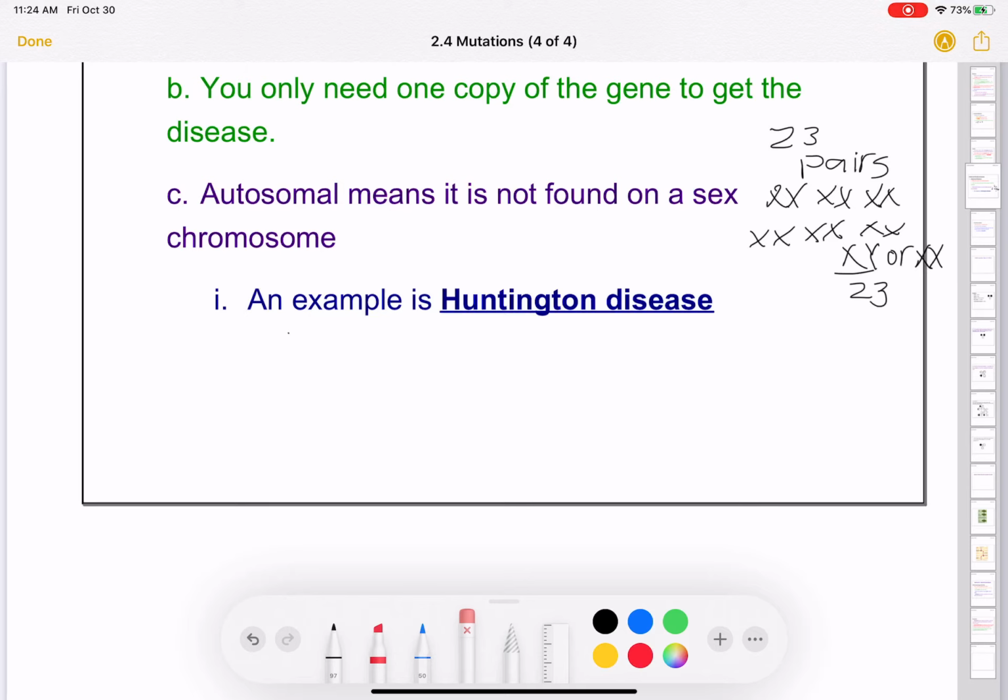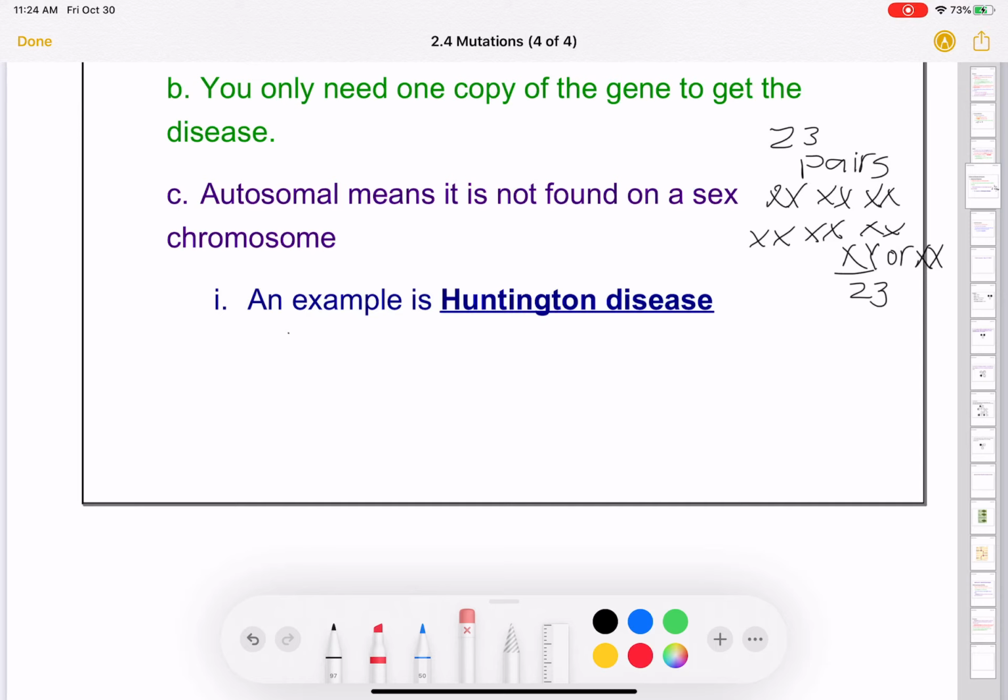Huntington's disease is an autosomal, so remember that's not connected to your sex chromosomes. And Huntington's disease is a brain disorder, so it provides uncontrolled movements, emotional problems, and loss of thinking ability.